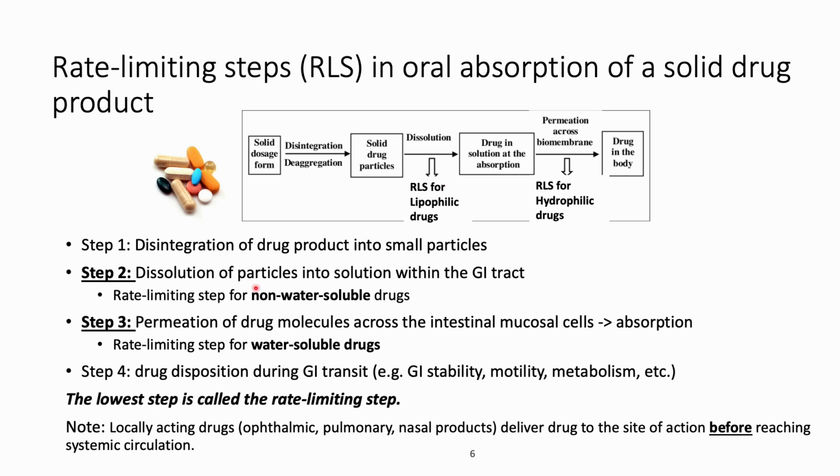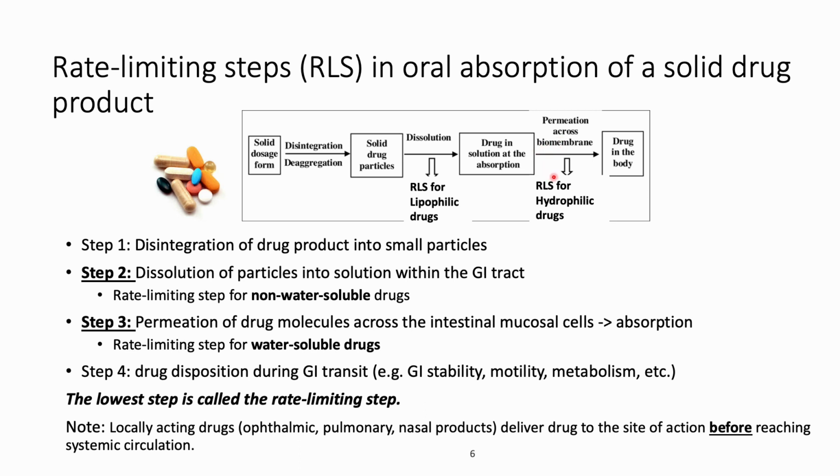In step 3, the drug is absorbed through permeation across the intestinal mucosa cells. Because the cell membrane is more lipophilic, this step is more favorable for a drug that is not soluble in water.